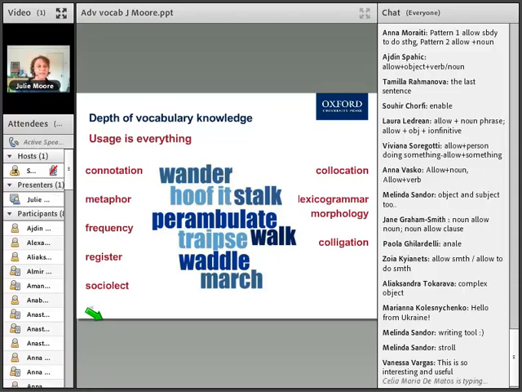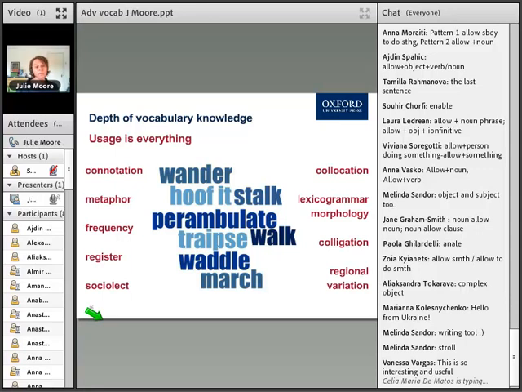Then obviously we need to think about things like collocation, which words are used together, colligation, these grammatical patterns that we've already seen, lexicogrammar. So what are the inherent grammatical characteristics of the word? So in this case, are these verbs regular or irregular?